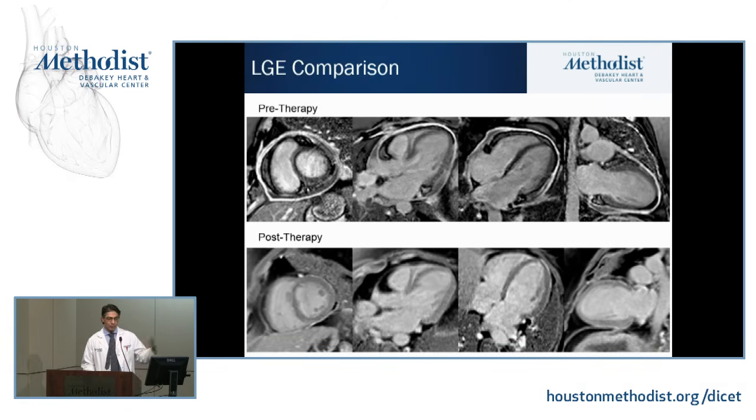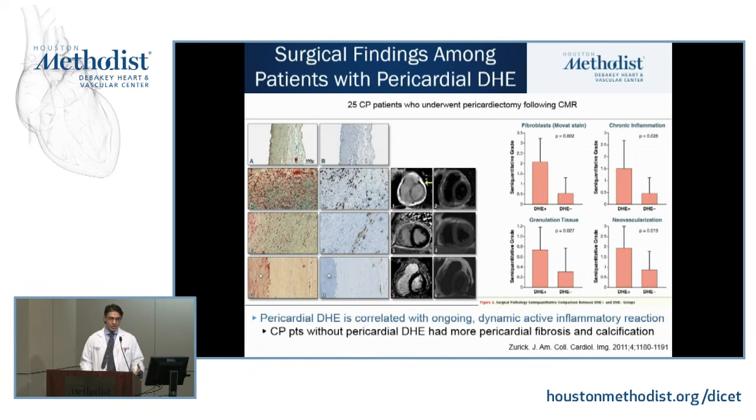So here's just a pre and a post therapy to make it more obvious to you all, because I know we're all looking at these images not so frequently. Studies have shown what this LGE means. The patients who have LGE and have gone to biopsy at surgery, biopsy shows active inflammatory tissue, neovascularization, granulation tissue.